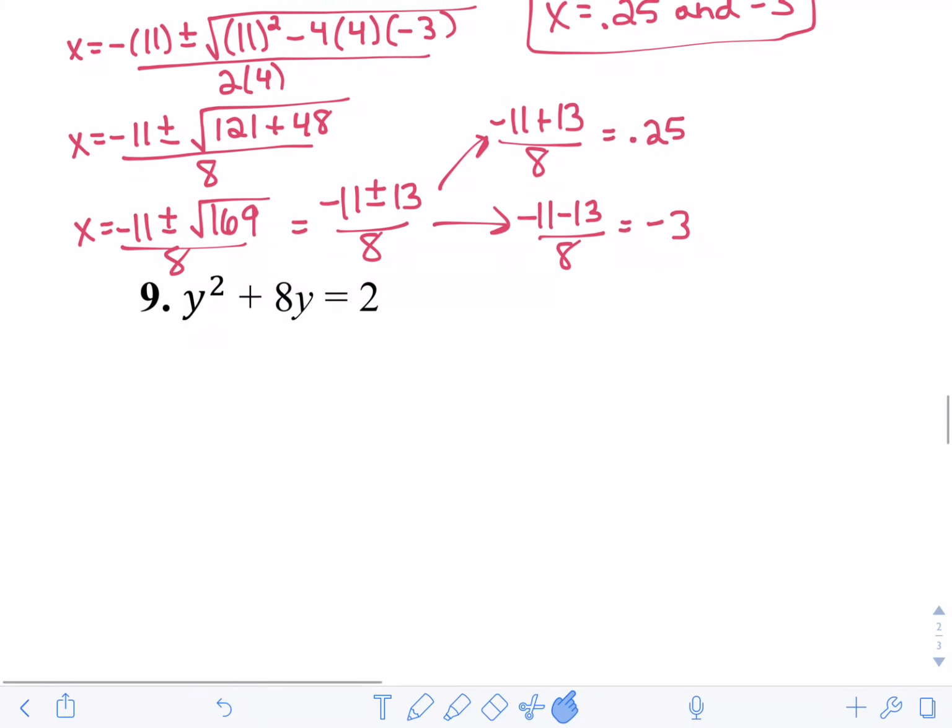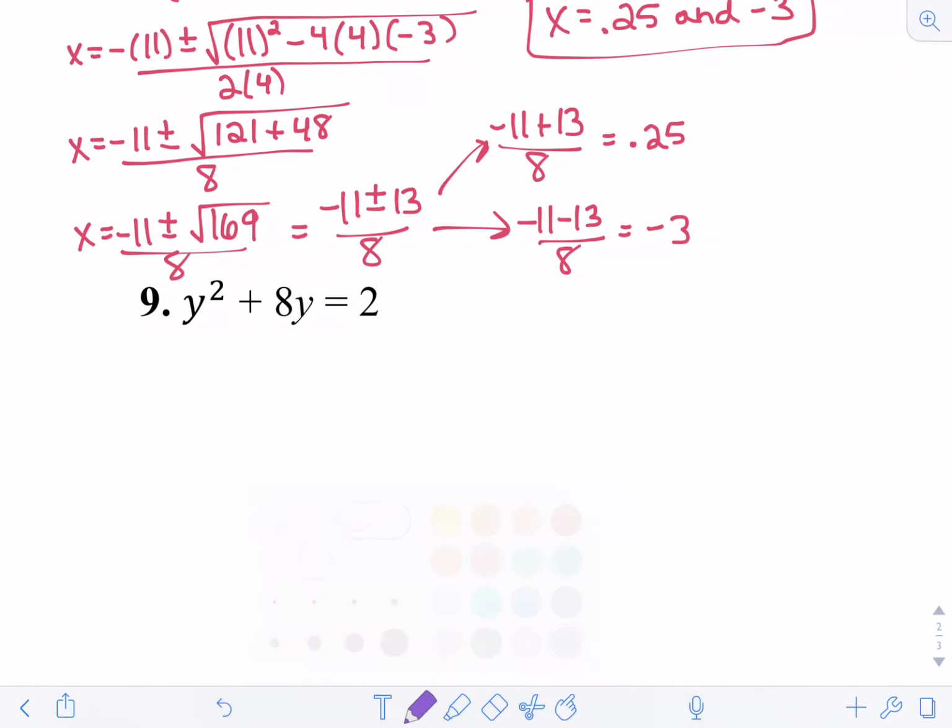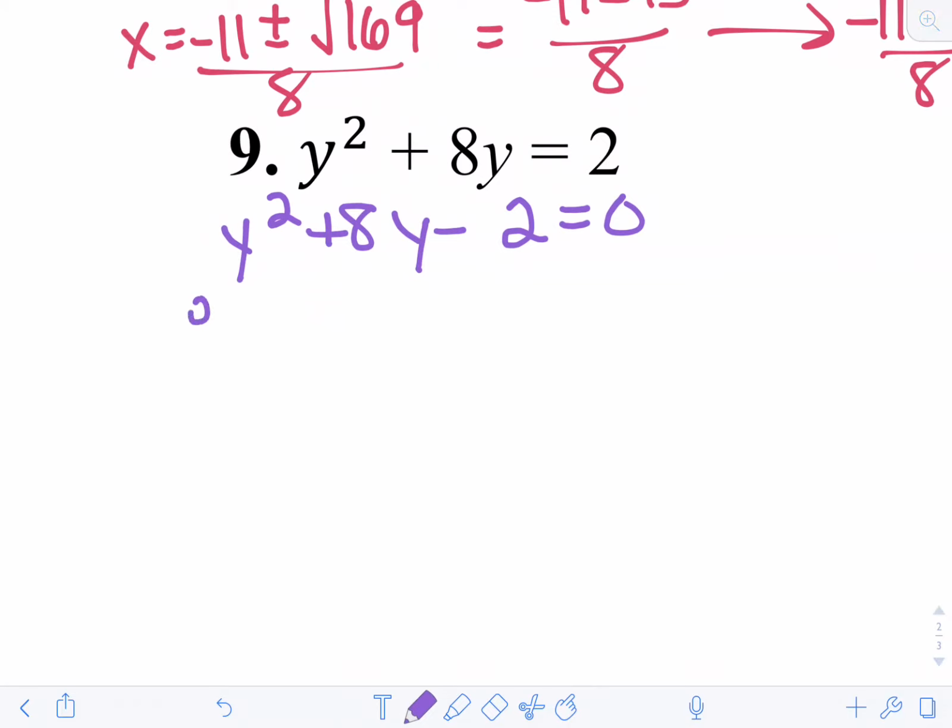Okay, number 9. So I'm going to switch colors here. This has to be set equal to 0, so y squared plus 8y minus 2 is equal to 0. Alright, so a is equal to 1, b is equal to 8, c is equal to -2.